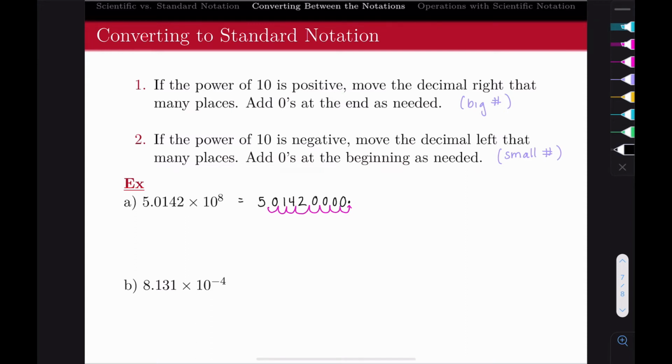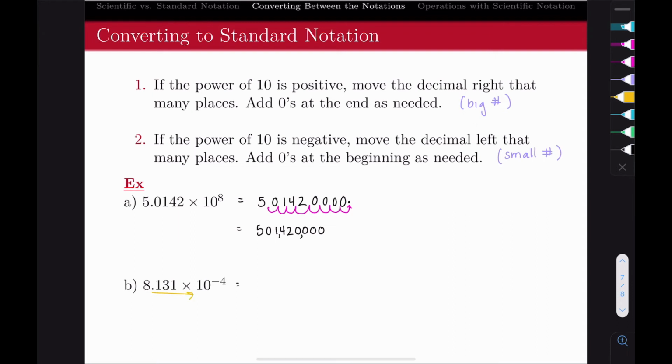So we're really adding 4 zeros at the end. And this doesn't look so nice, so we need some commas to really indicate what this is. So we've got 3, 3. So in standard notation, this is 501,420,000.